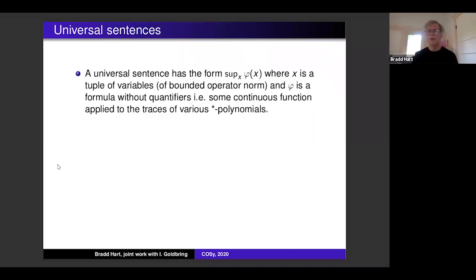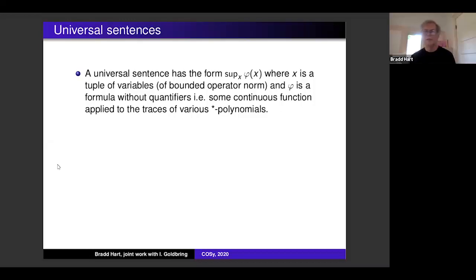So what is a universal sentence? Well, in continuous logic you talk about universal sentences, which is kind of stealing language from classical first order logic, where the universal quantifier is "for all" and the existential quantifier is the backwards E. Here the sup is going to count as the universal quantifier.